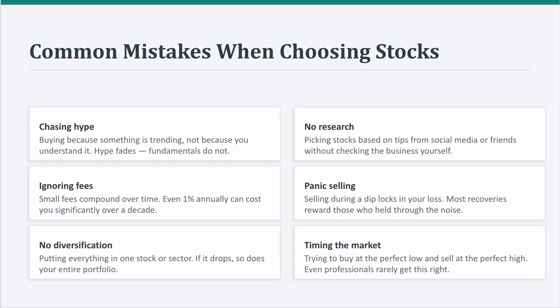Another big mistake is chasing the hype and not researching a stock. If you just blindly follow what other people invest in and don't actually research your stock and have good reasoning behind your investment choices, then it can end up being not good investing, because you're investing in things that everyone else is talking about.